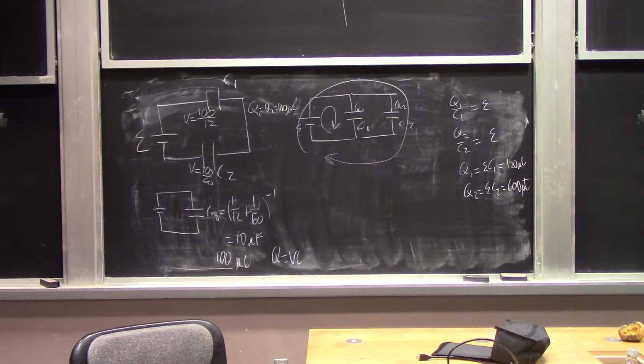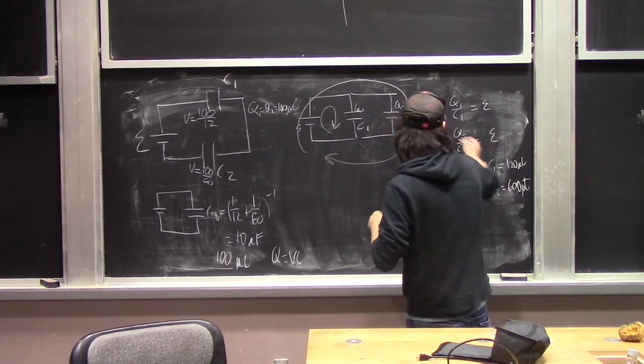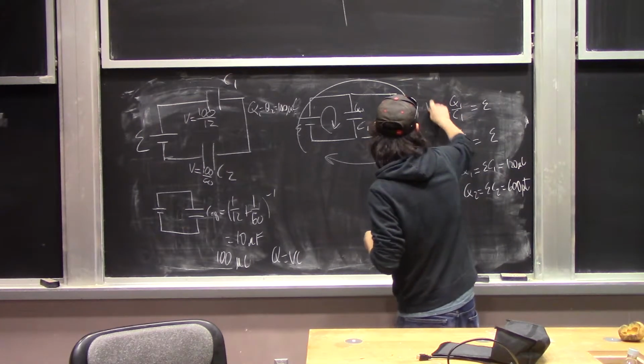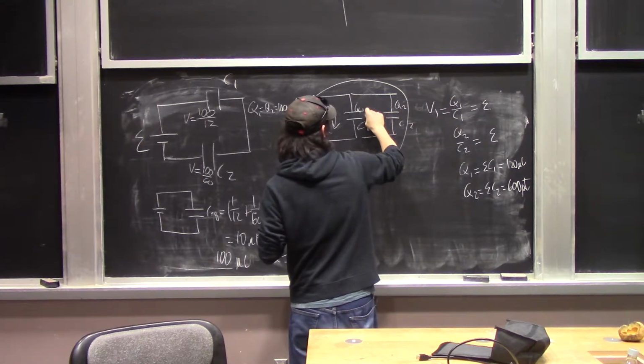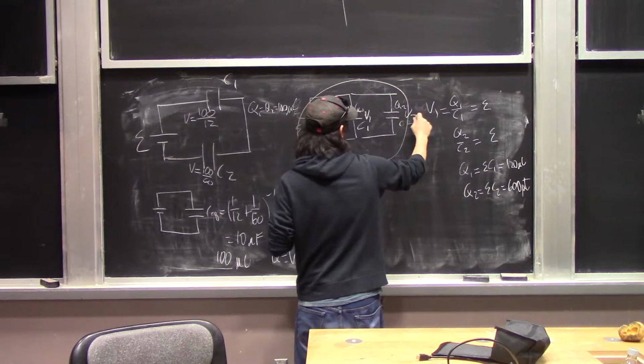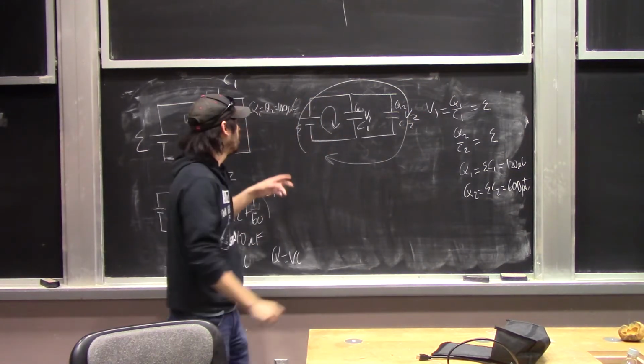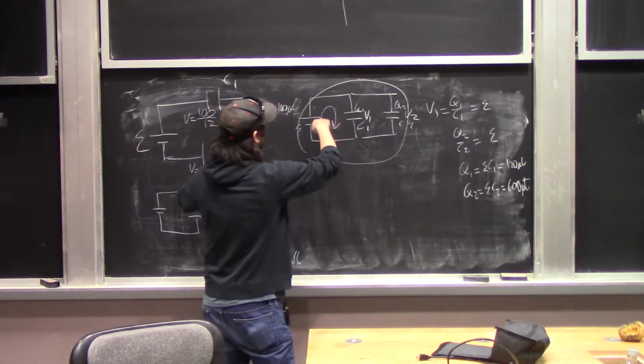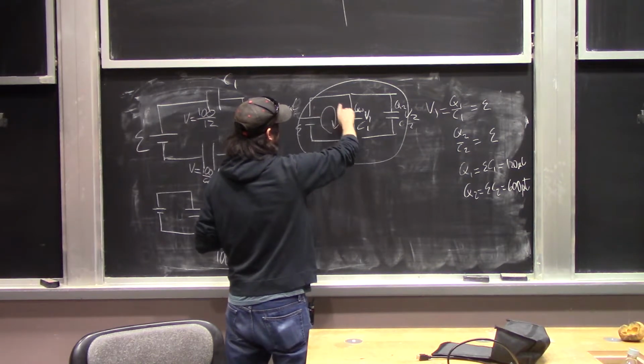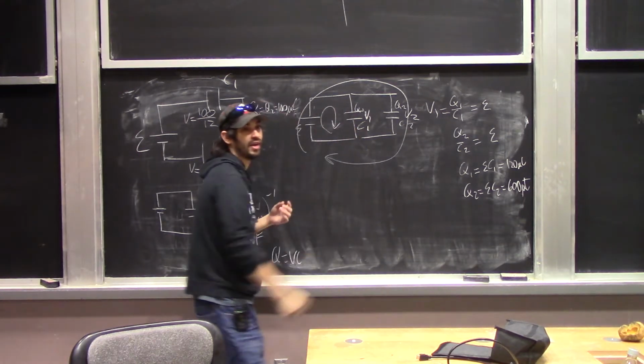Yeah. Where did you get the 10 volts for the parallel one? It's because really, this is V1. This is the voltage across this one. Call this V1. Call this V2. But because of the loop rule, the change in electric potential around the closed loop has to be 0.